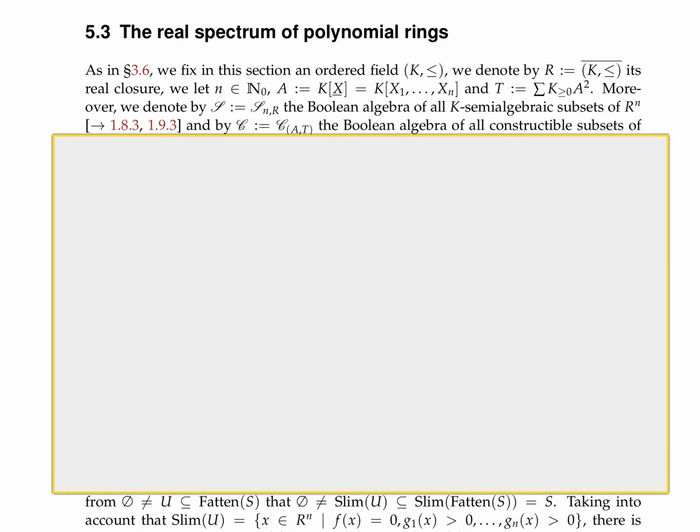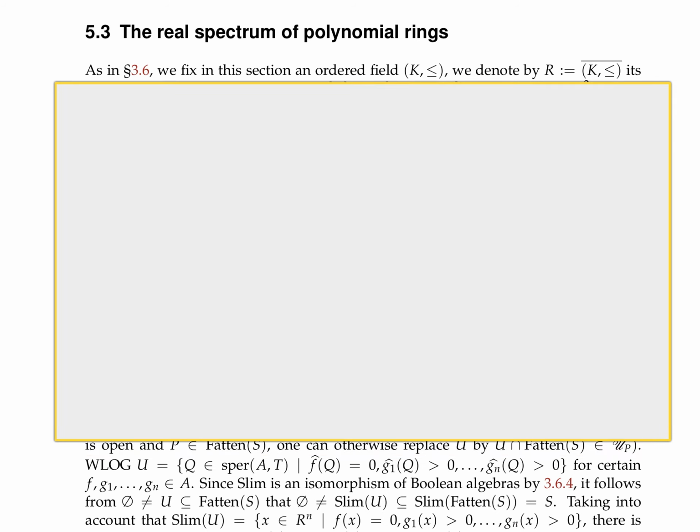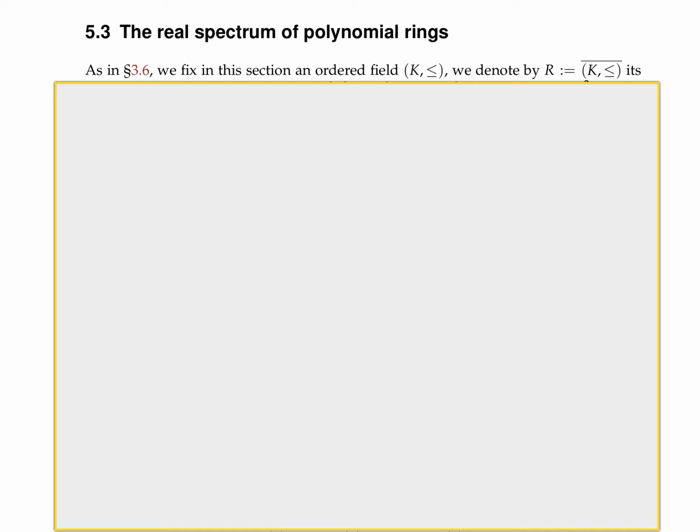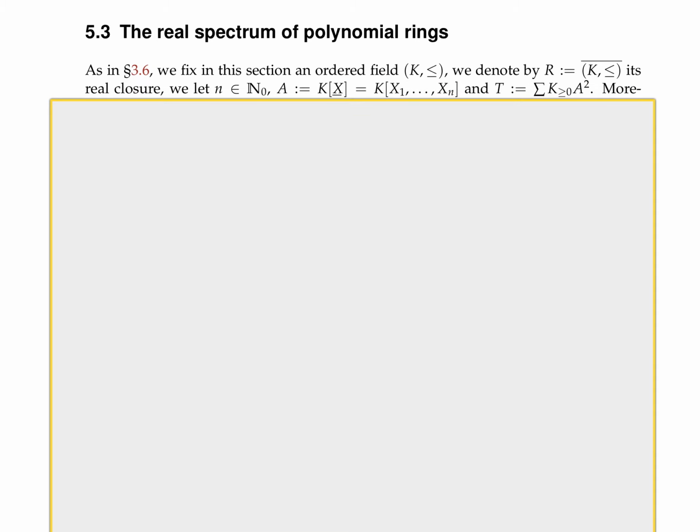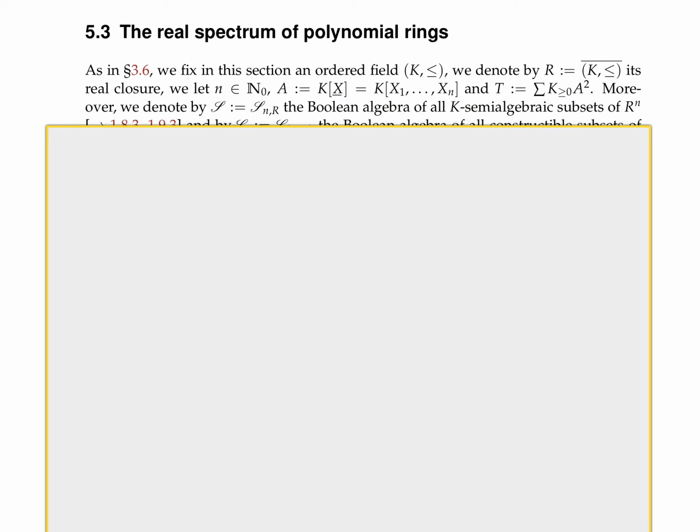So exactly as in section 3.6, we fix in this section an ordered field k with less than or equal, and we denote by R its real closure. We let n be a non-negative integer, that's the number of variables, A is the polynomial ring over k in n variables, and T is the preorder generated by the non-negative elements of k.